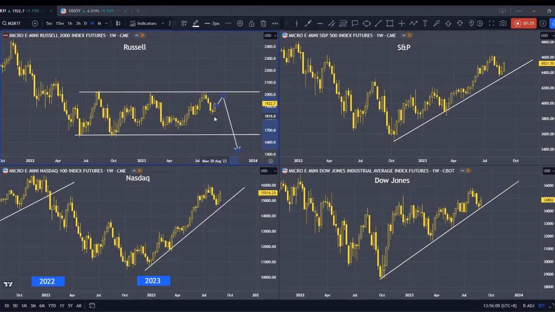If the Russell breaks below this range, again, what happened over the last 2 years for Russell, why it ranged, is because SMEs are not doing well. When the market ranges, it also represents to me that they have no idea where the main trend is going to be. But once it breaks below, it will give me a signal that the rest of them may also follow suit after that.